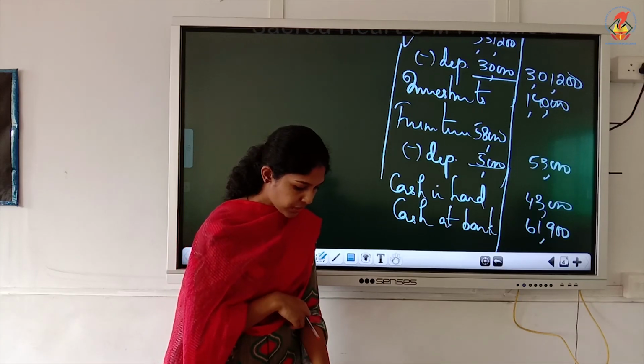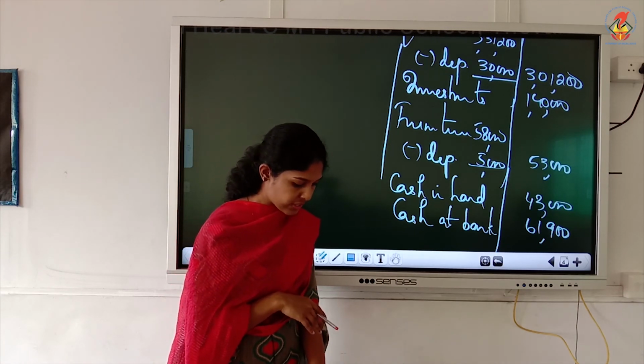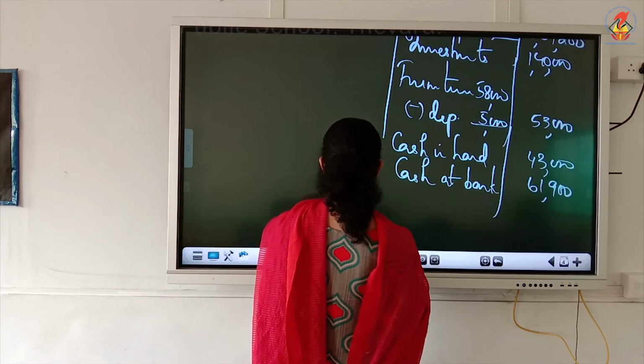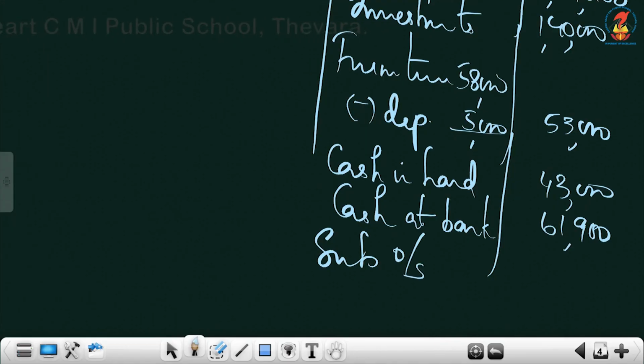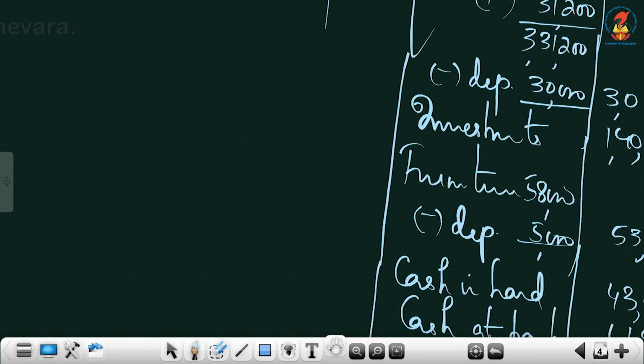Okay, that's over. Next we have to take the opening values, books, furniture, already we took. Then subscription in arrears, the closing figure is given, 7,000, that we have to take here. On the asset side, it is a receivable amount. The closing figure we will take. Then 18,000, that is rent outstanding at the end.